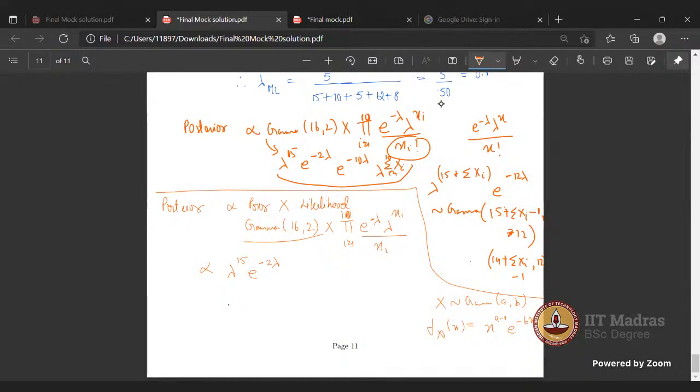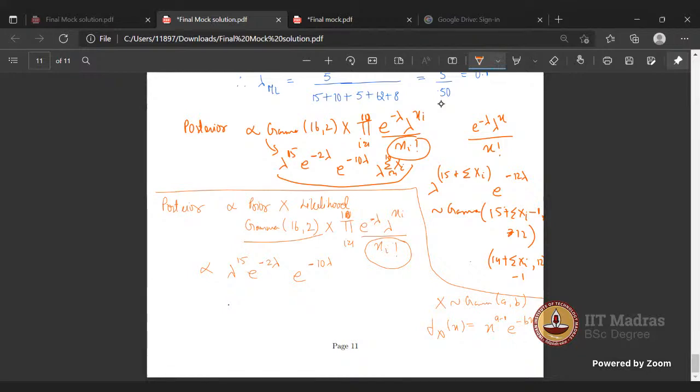And now this xi factorial over here, this is going to be constant. So we can ignore it, right? Now, if we do the product, you will get e to the power minus 10 lambda, right? 10 times e to the power minus lambda, so it becomes e to the power minus 10 lambda.